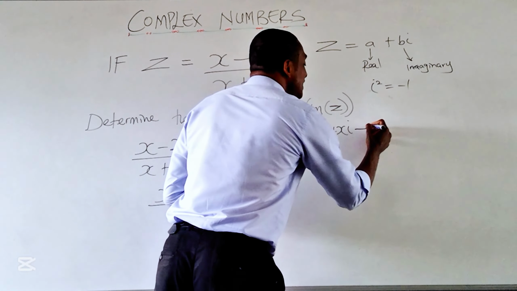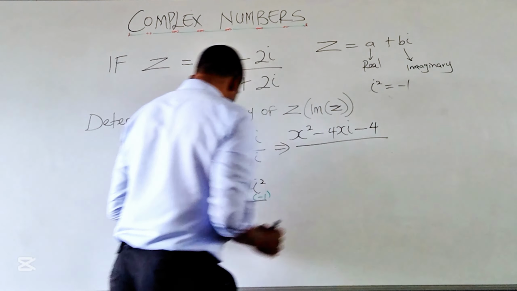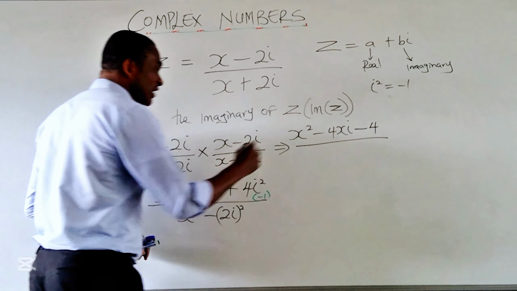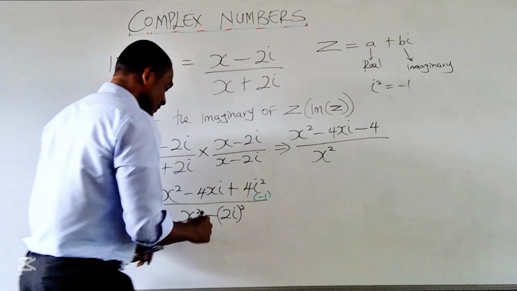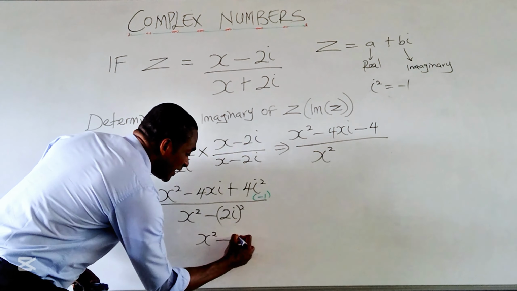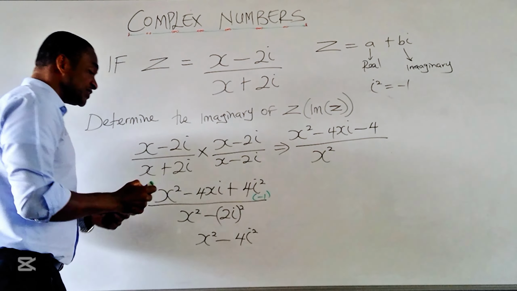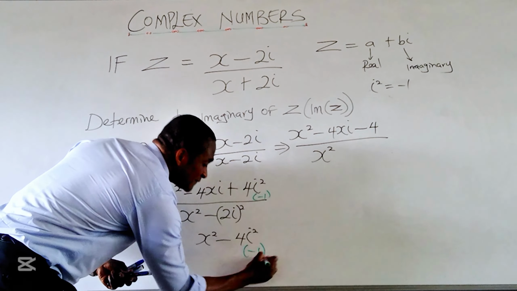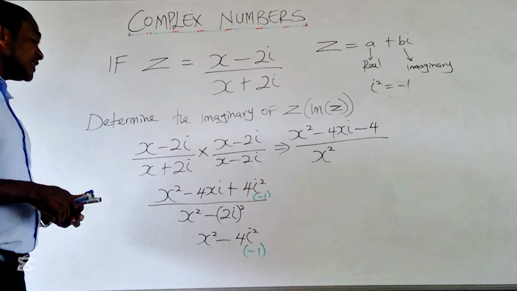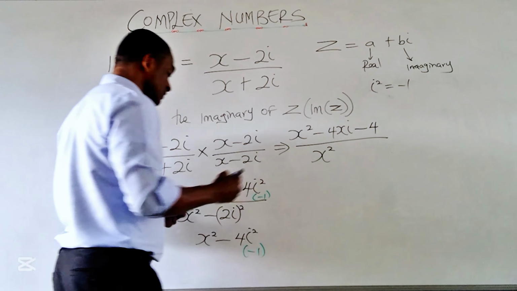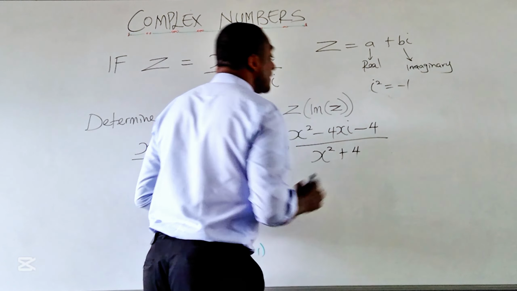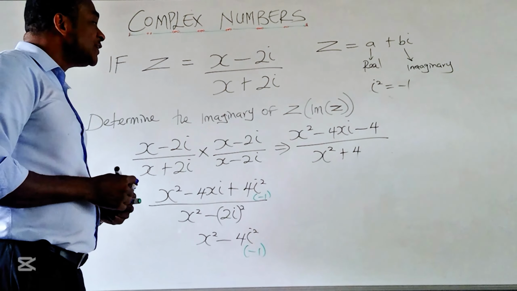This becomes negative 4. Divided by the same here, we have x squared minus 4i squared. When i squared is replaced with negative 1, we have negative 4 times negative 1, so that gives us x squared plus 4.